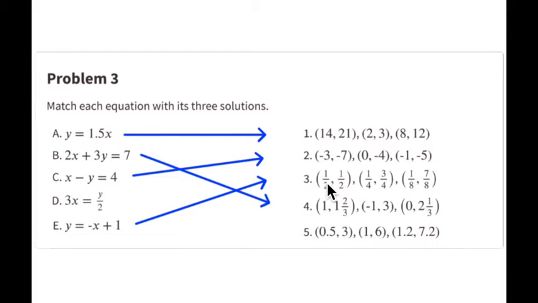Add 1 plus -1/2, same as 1 minus 1/2, which is 1/2. This is 1/4, -1/4. 1 minus 1/4 is 3/4, or 1 plus a -1/4 is 3/4. 1 plus a -1/8 is the same as 1 minus 1/8, which is 7/8.